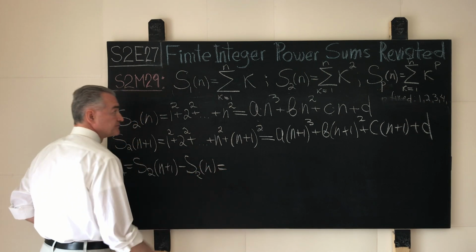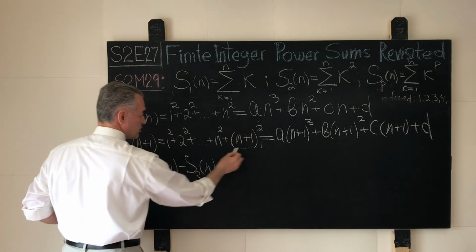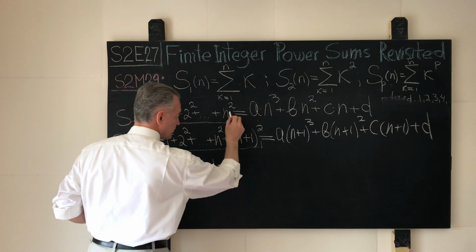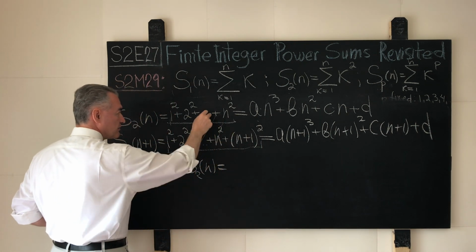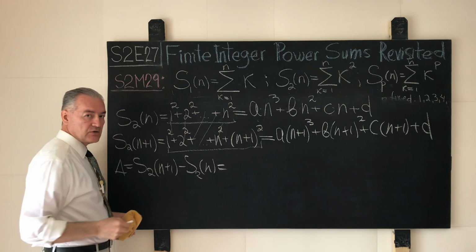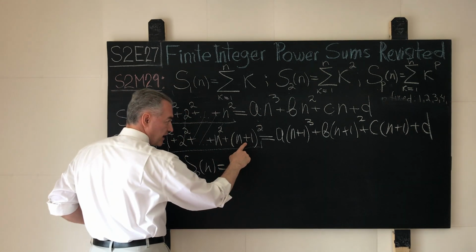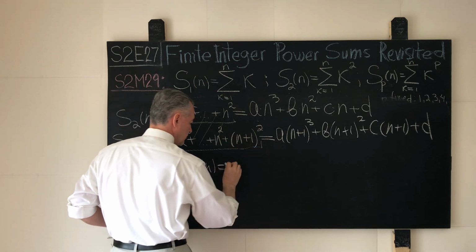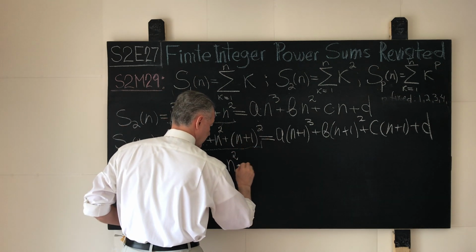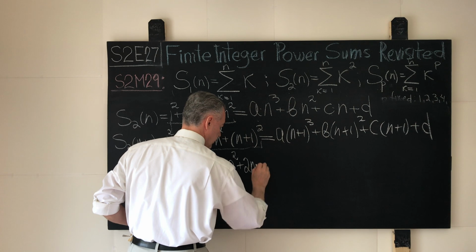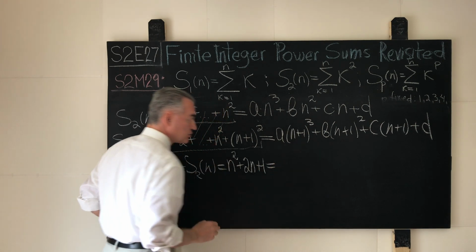What do we have? Well, from this expression, we subtract all this material. Everything cancels out nicely. What is left? n plus 1 squared, spell it out. n squared plus 2n plus 1 is equal to what?